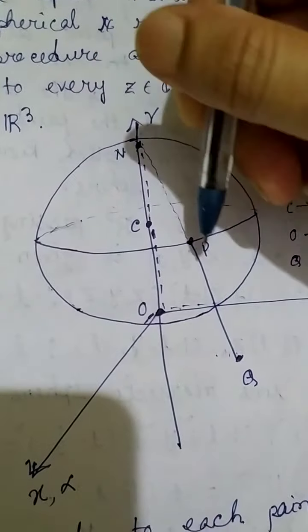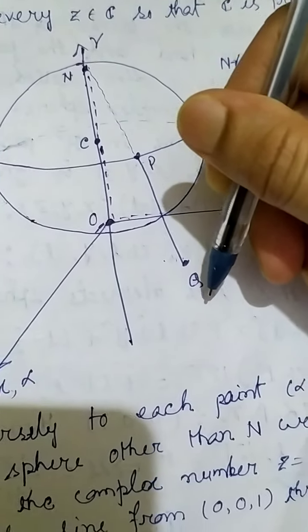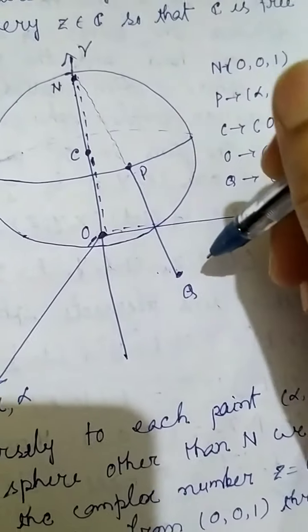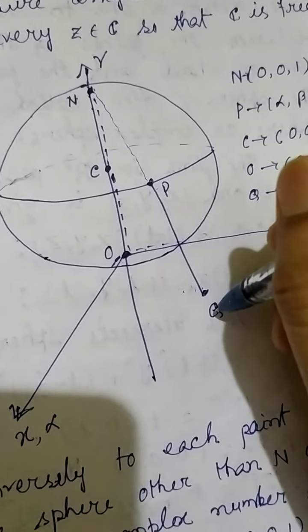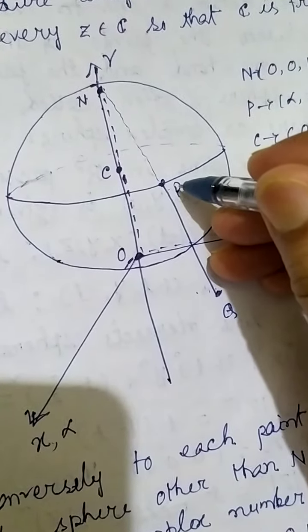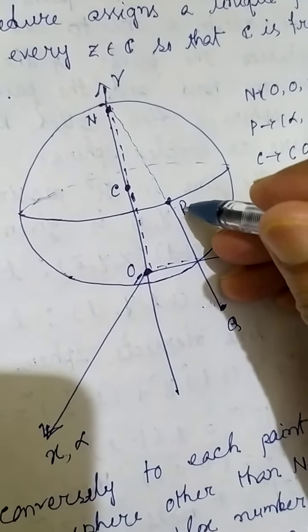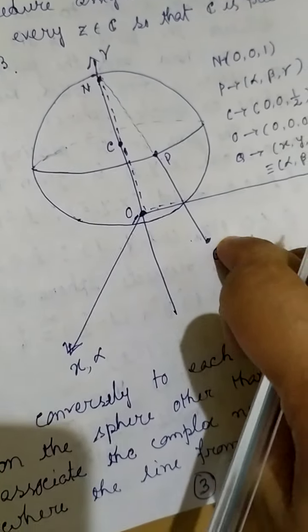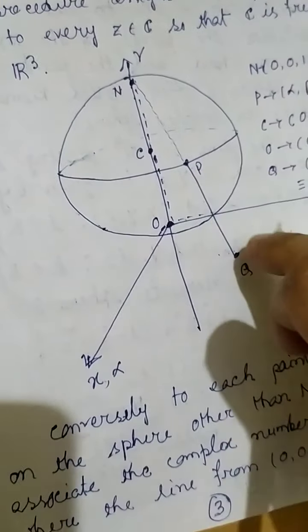If I extend this line, you can observe it intersects at a point. So Q is the stereographic projection of the point P. You can observe that if we have a point Q, then we can have a point P. Similarly, if we have a point P, then we can have a point Q.